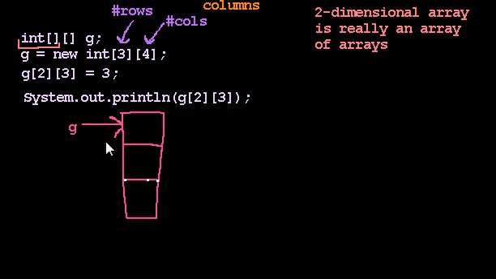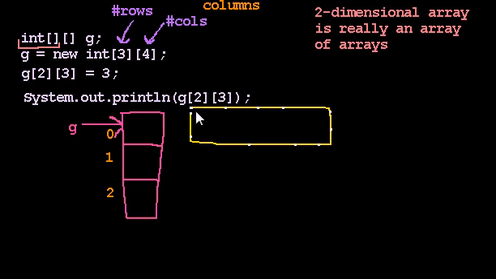This array has indexes 0, 1, 2. What's in this array? Well, it's an array of arrays, so I have arrays in them. The arrays inside it are length 4.